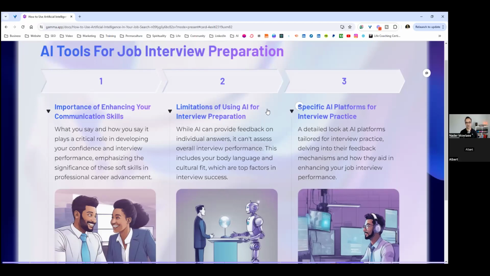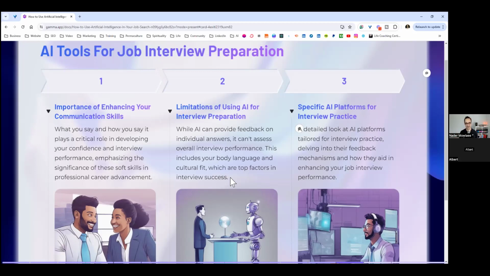There are a lot of similarities and some minute differences, but ultimately, most of those tools are still not doing a great job at assessing your body language. Some help you with eye contact, with smiling, with posture. It is not as good as I'd like it to be to say, you know what, you don't need to practice with a real human being, because AI is doing a great job at that.